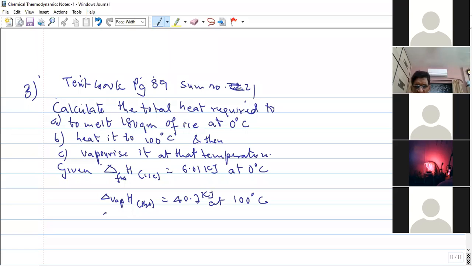You are given specific heat of water is equal to 4.18 joules per gram per degree Celsius.